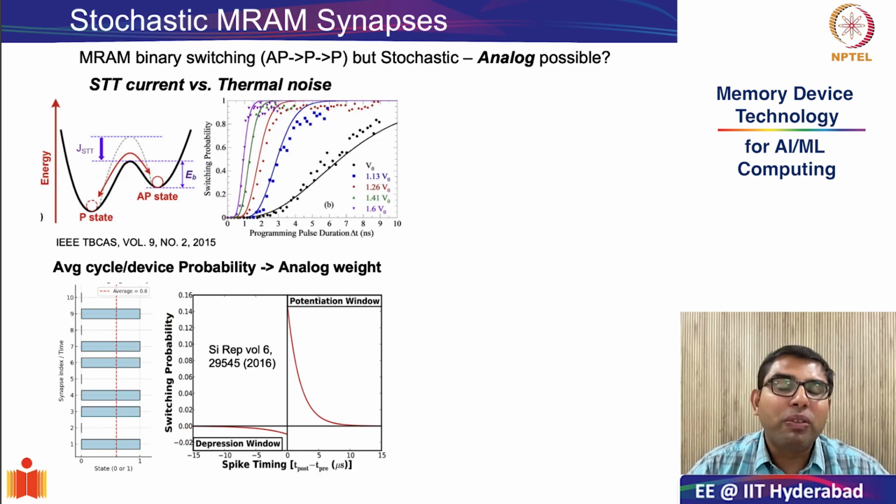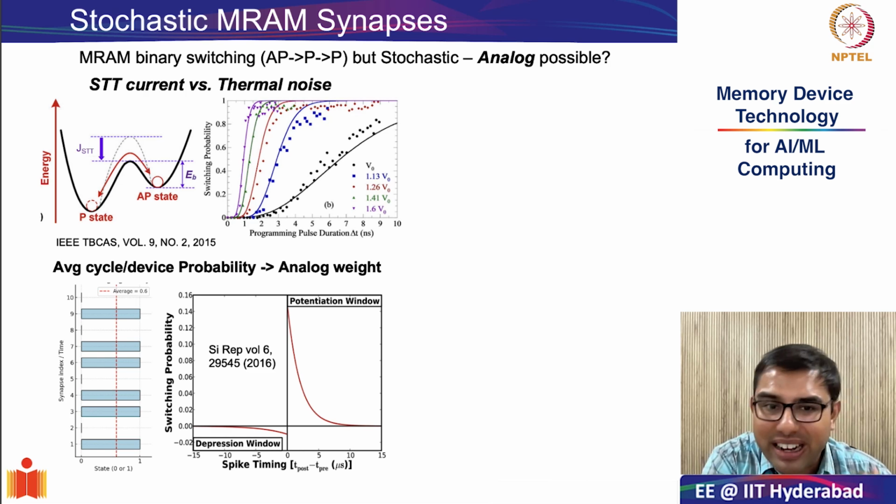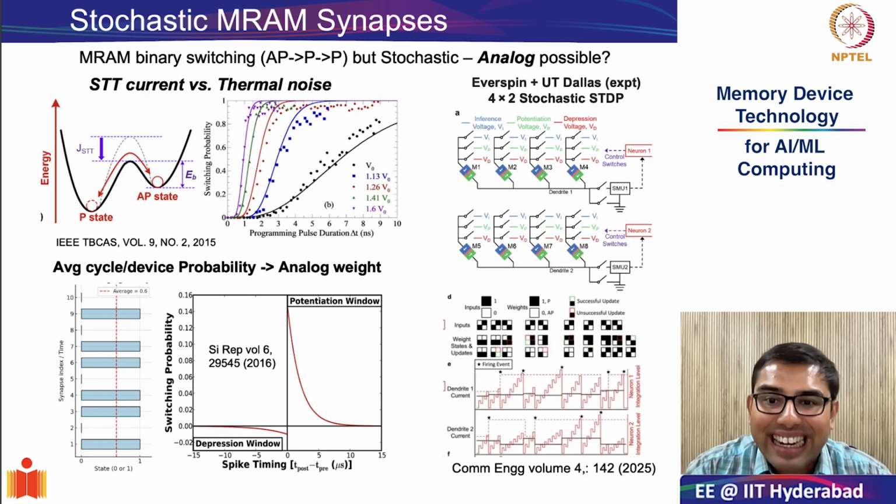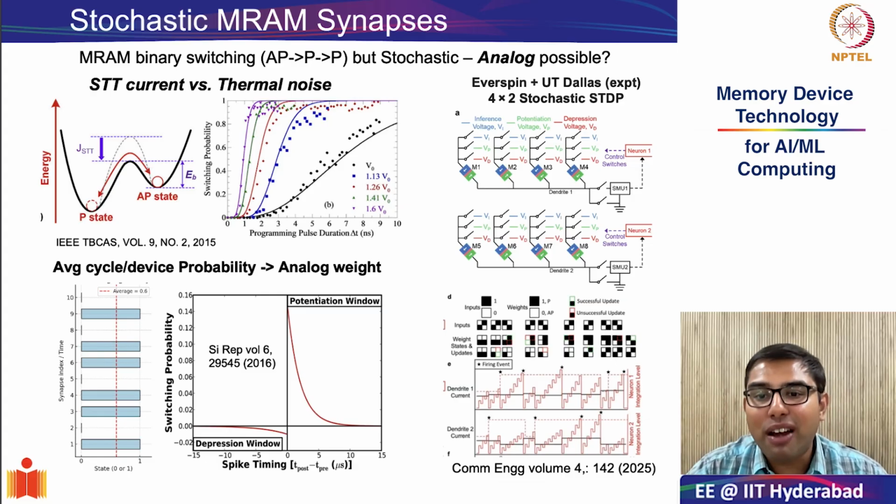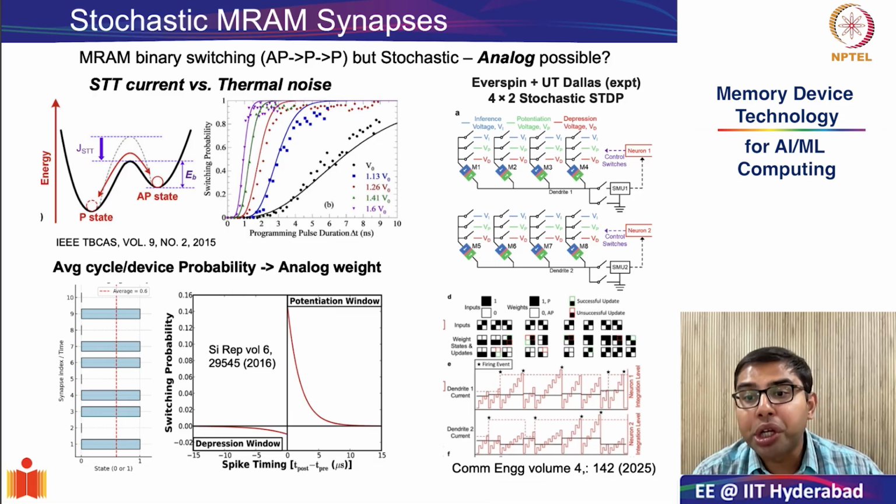And initially, all this work was only limited to theoretical predictions. But very interestingly, in this year itself, there has been an experimental demonstration of such stochastic spike time dependent plasticity computation on very small 4x2 stochastic arrays from both Everspin and UT Dallas. Here, the probabilistic switching of MTJs is used to implement local Hebbian learning.